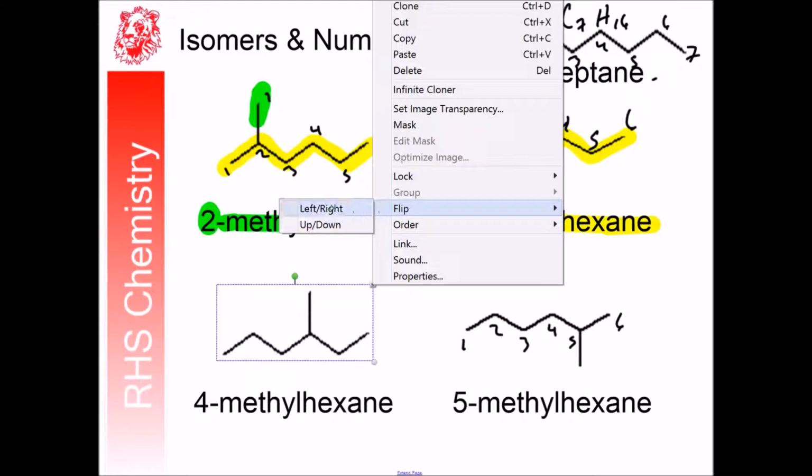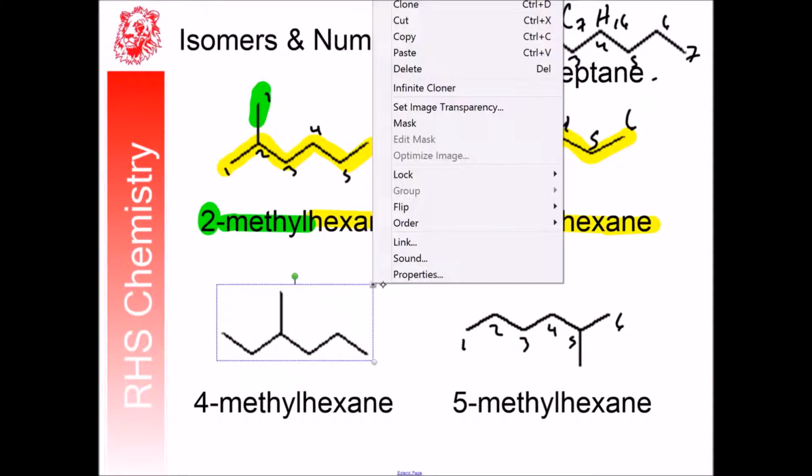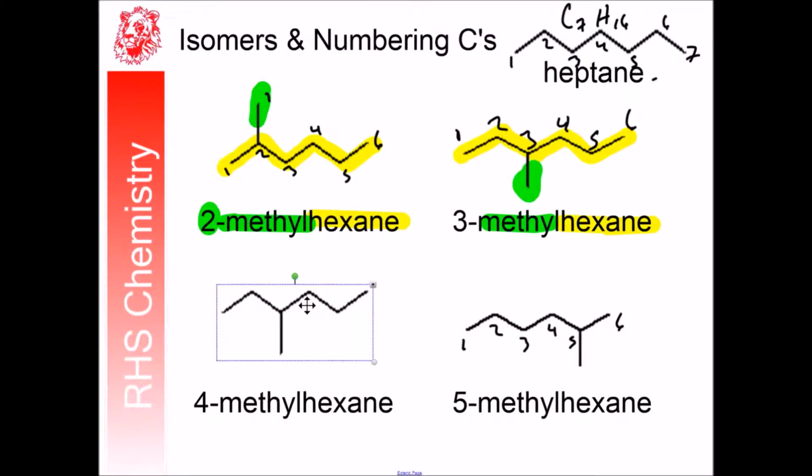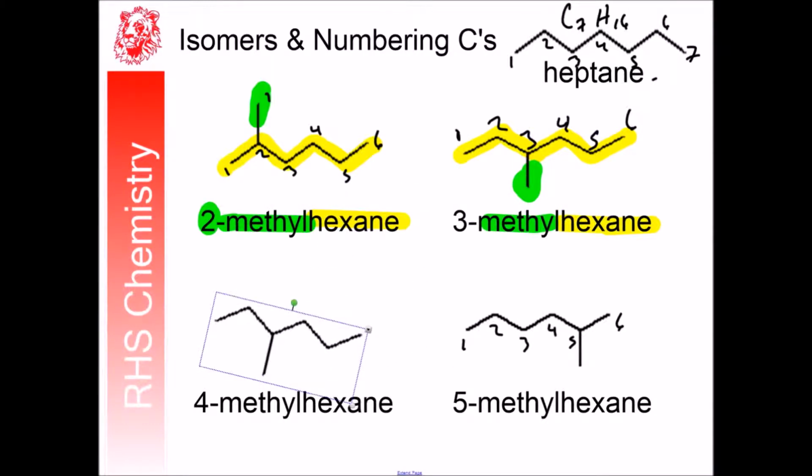If we just flip this left to right, and we just flip this left to right, and we can also flip it up and down, turns out that this is really just that spun around.